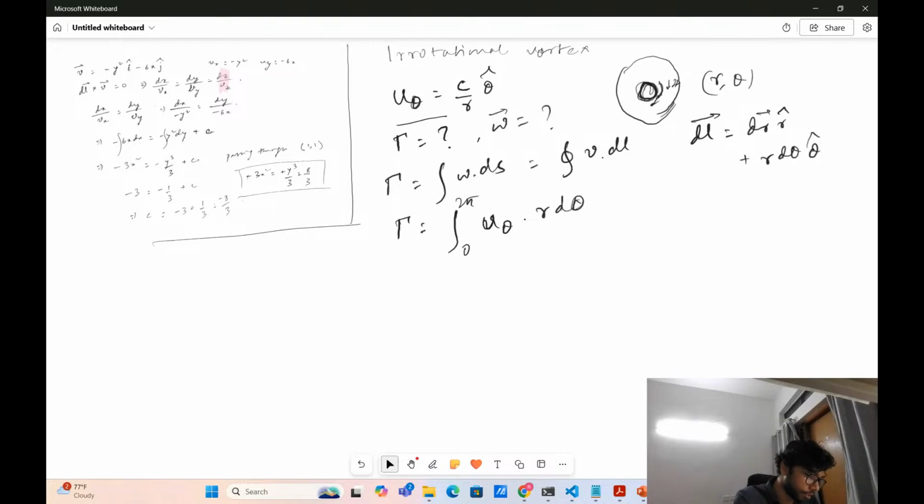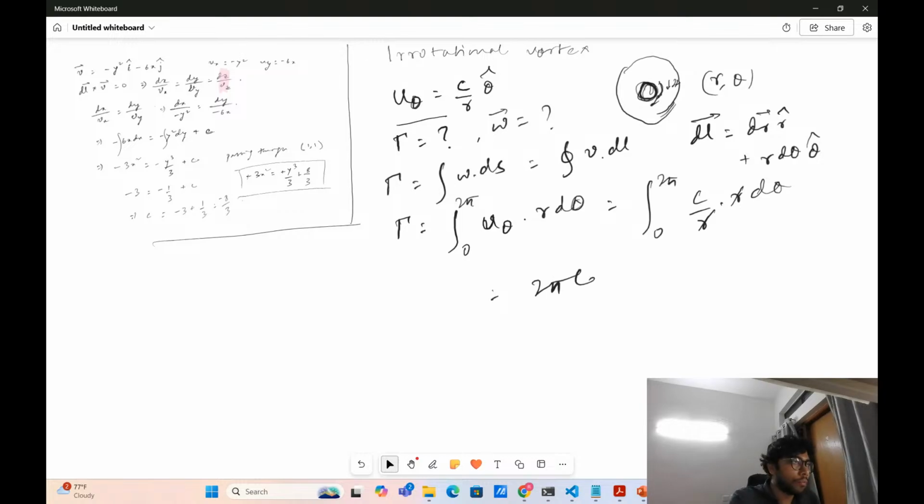This will be a closed integral. So u theta is c by r, so you get the integral from 0 to 2 pi of c by r times r d theta. r will cancel, so you have c d theta, and this will be 2 pi c.